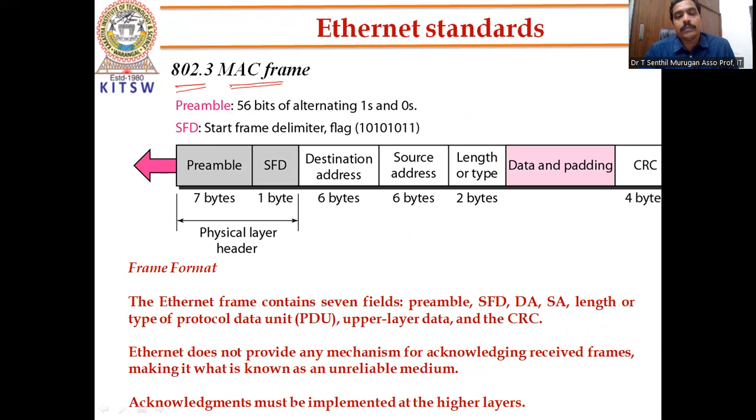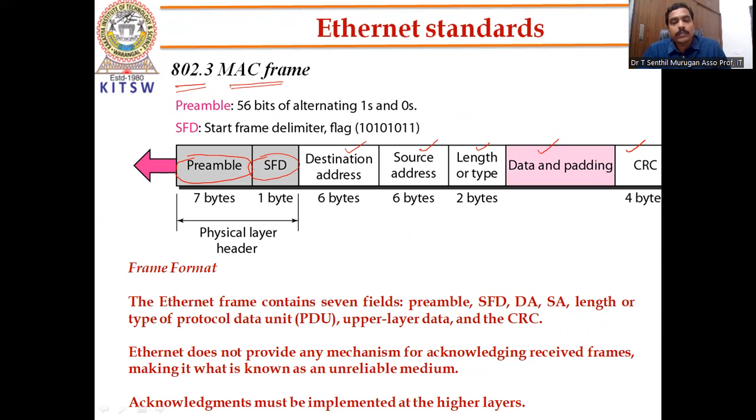So the MAC frame, media access control frame, how will it be there? You just remember these frames: preamble and start frame delimiter, destination address, source address, length or type of the data, the data, and finally CRC.